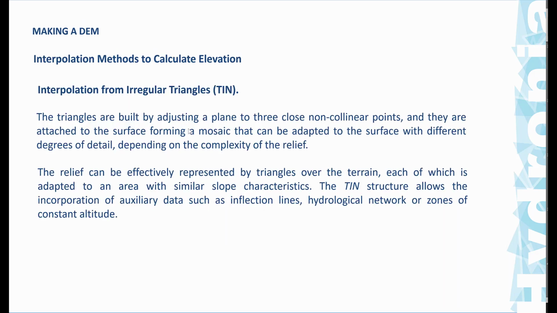Now, the TIN method is very different because it starts from the same data set, but instead of using inverse distance weighting, it triangulates the set of points. This triangulation is then used to interpolate whatever value lies within the given triangle.